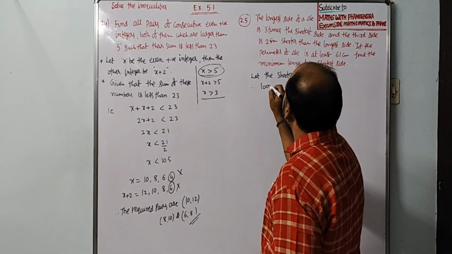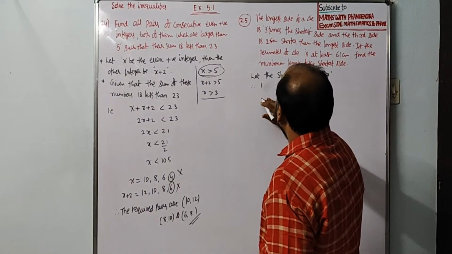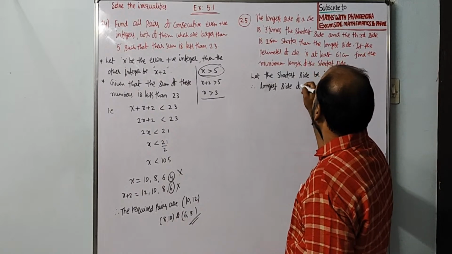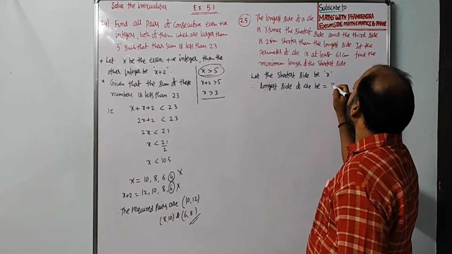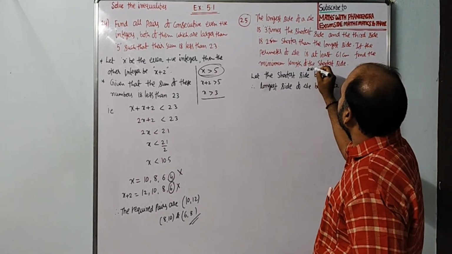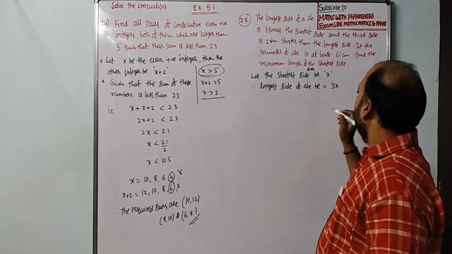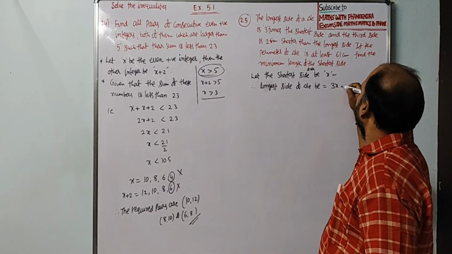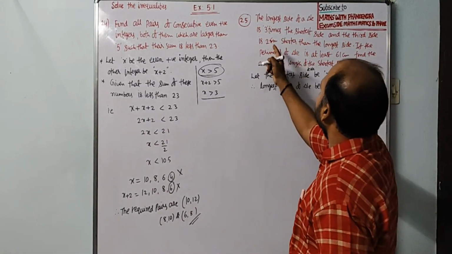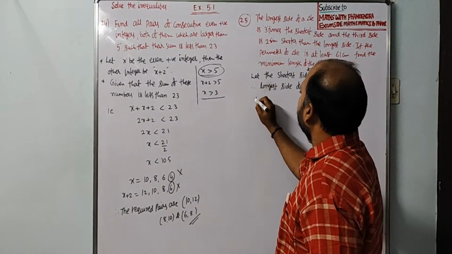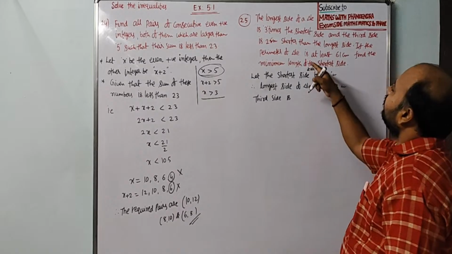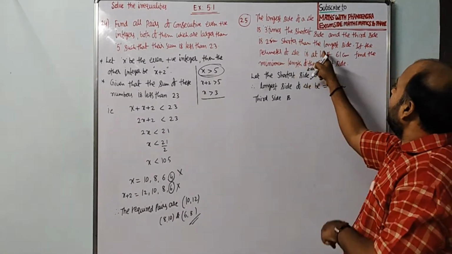Therefore, the longest side of the triangle is 3 times x centimeters. Next, the third side is 2 centimeters shorter than the longest side.